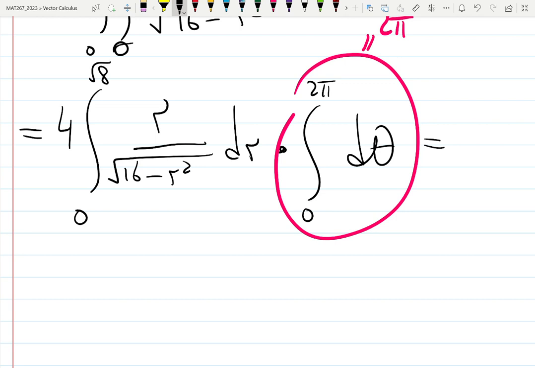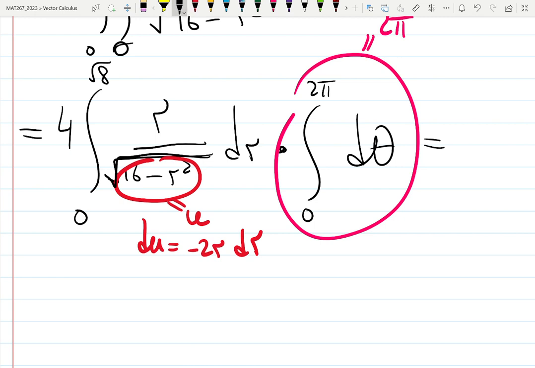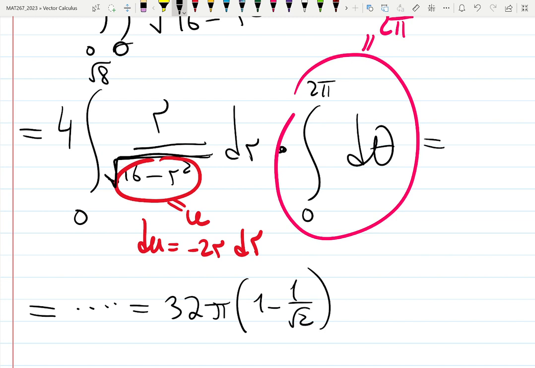They're like, I did not use it for ages. Anyway, but it's important. It is everywhere. I should have asked you what to choose. Du will be minus 2r dr, and so on. So I will skip that. U sub, and you get the answer, 32 pi times (1 minus 1 over square root of 2).